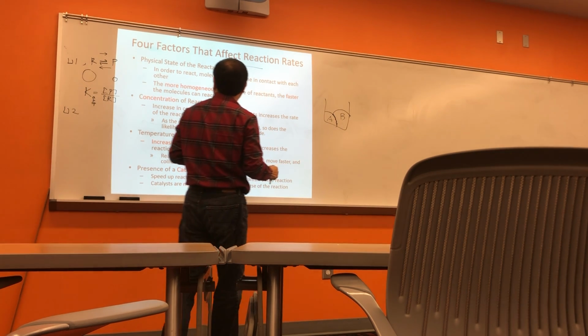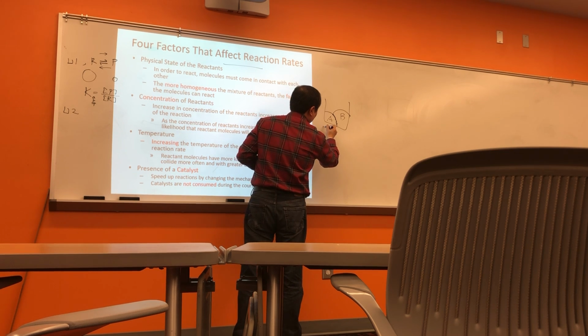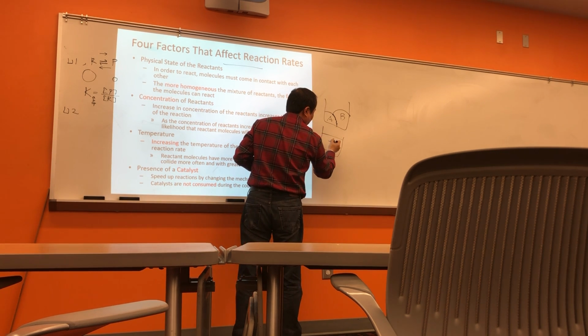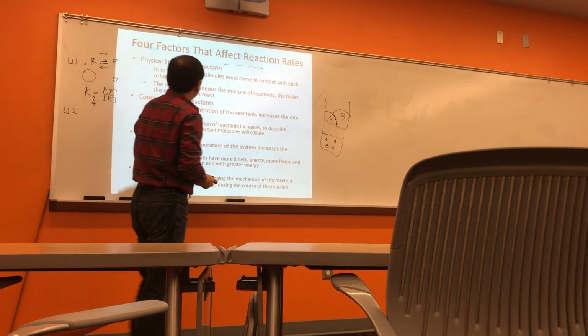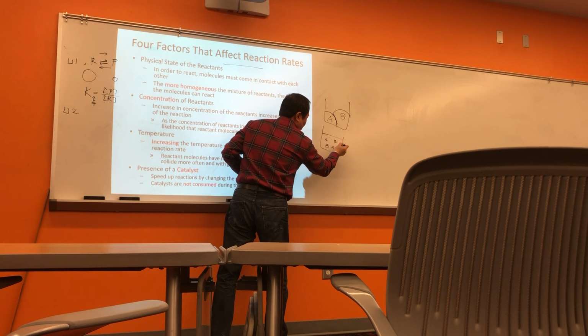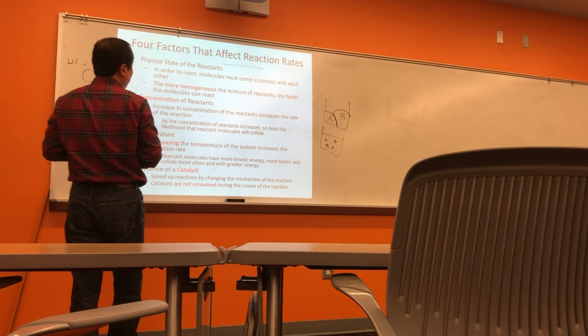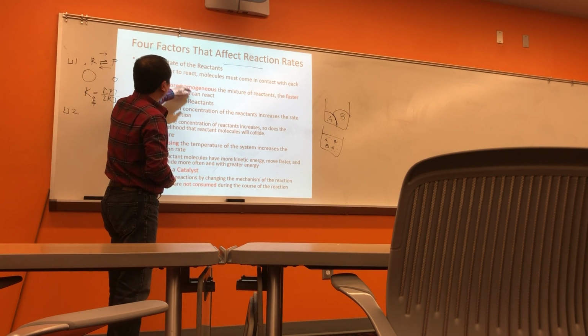So this is what we call heterogeneous or inhomogeneous. But if you mix A and B together in the same solution, then it's homogeneous. So then everywhere it's possible that A meets molecule B, so reaction will be faster. So homogeneity is one of the factors making reaction go faster.